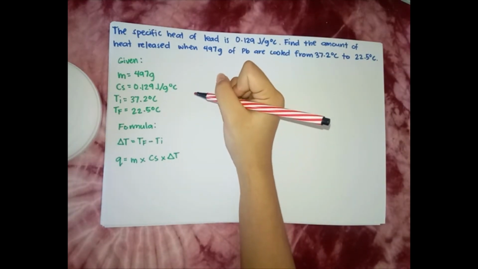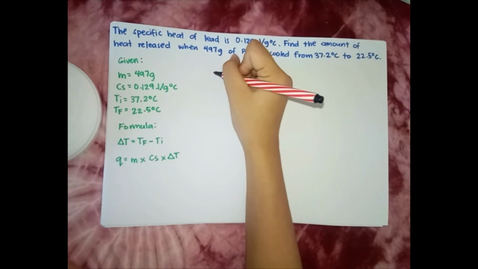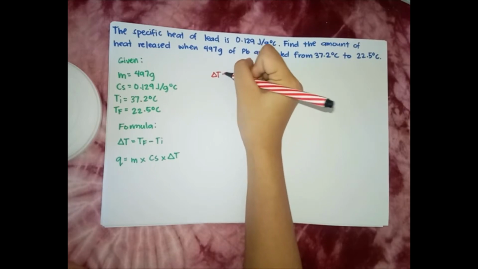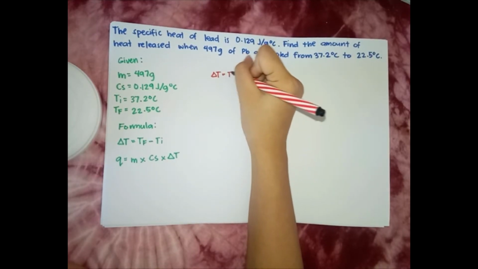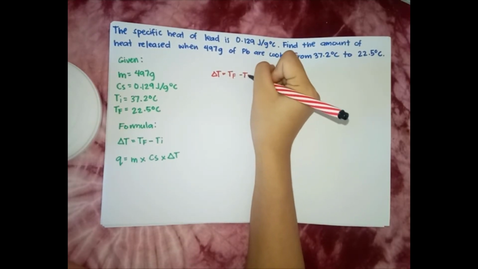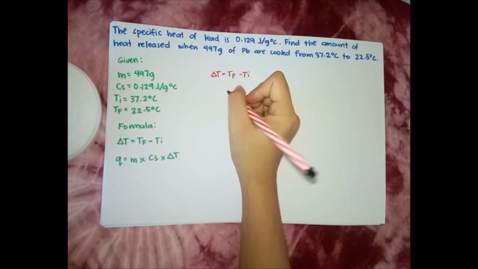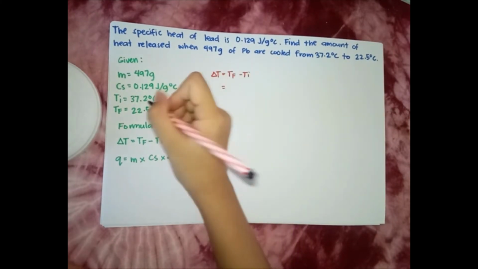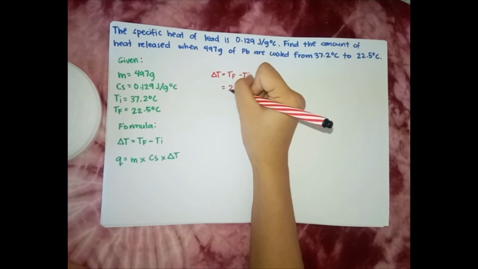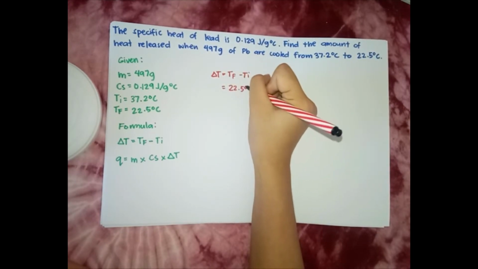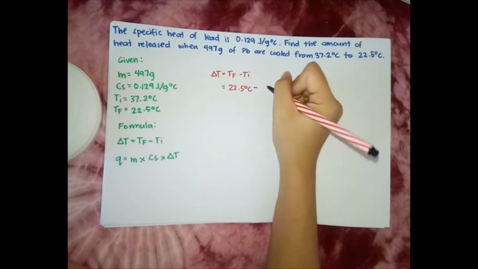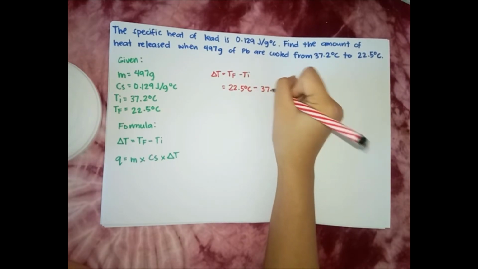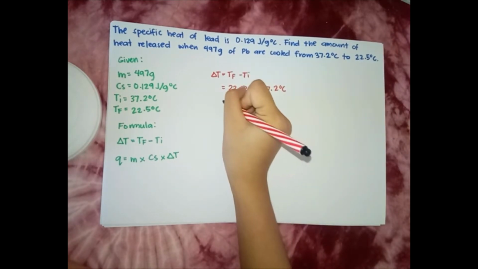We have delta T equals final temperature minus initial temperature. So we have 22.5 degrees Celsius minus 37.2 degrees Celsius.